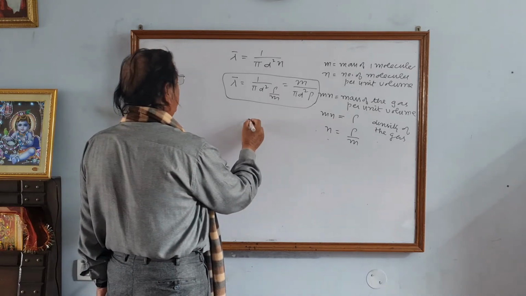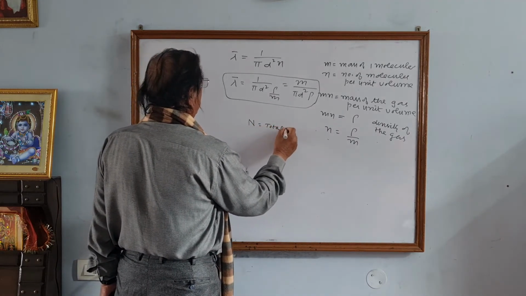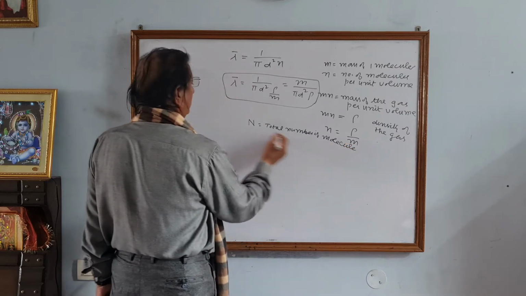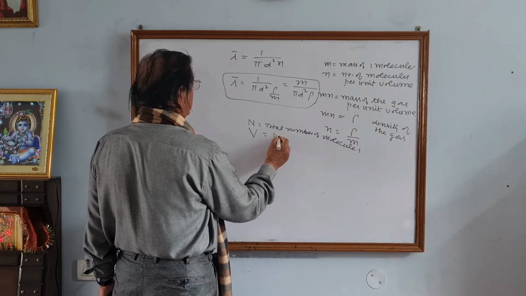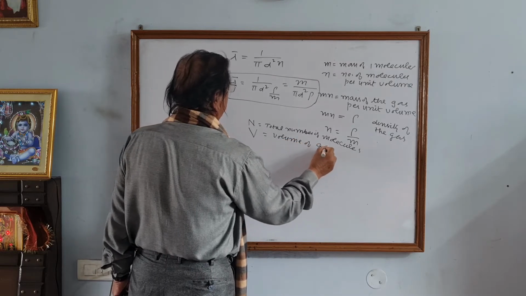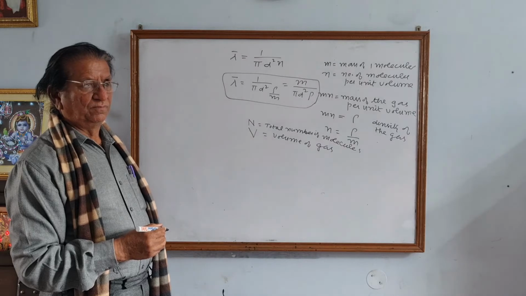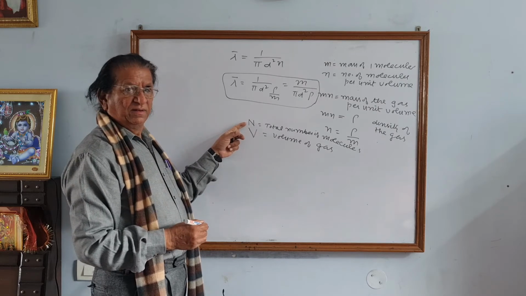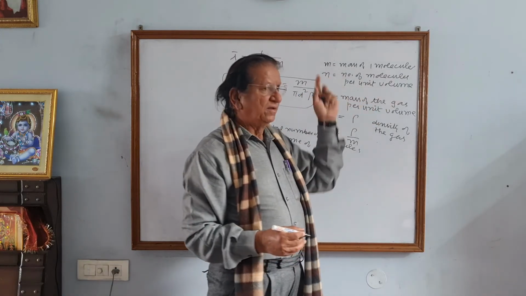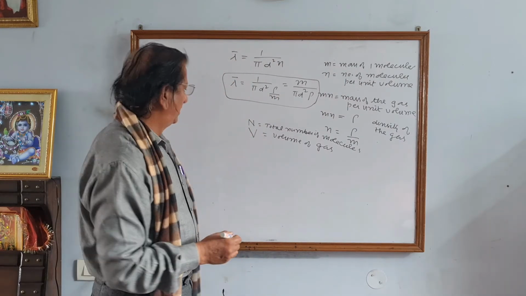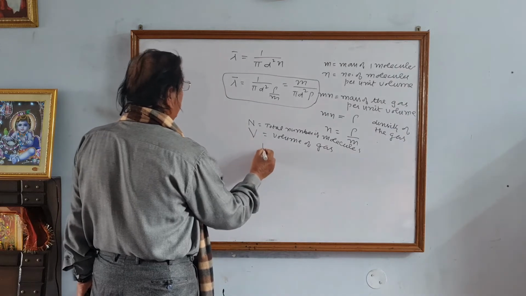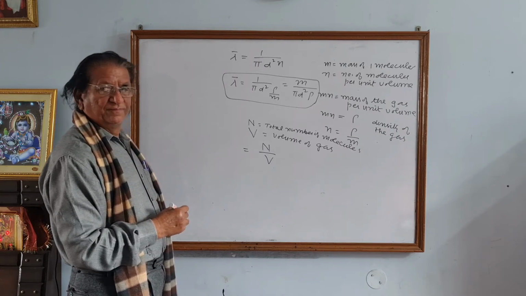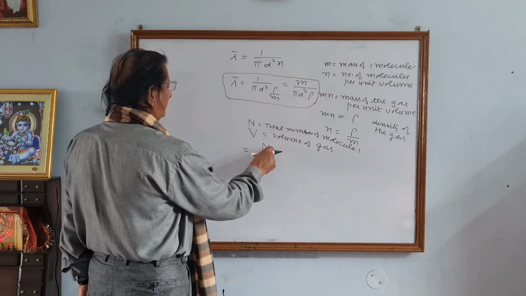For example, if you have N as the total number of molecules, and V is the volume of gas. Total number of molecules N, capital N, whereas small n was the number of molecules per unit volume. So you have N by V: total number of molecules divided by total volume.